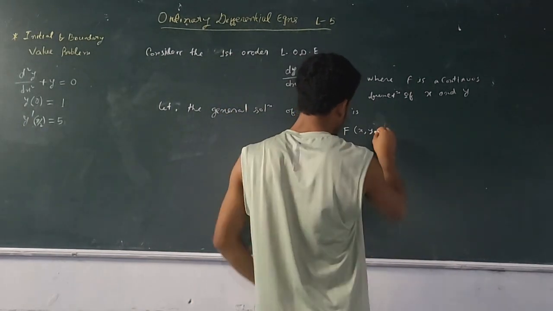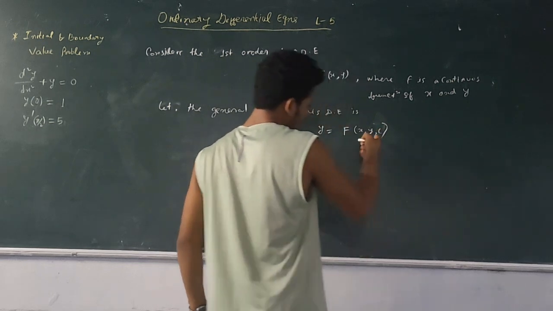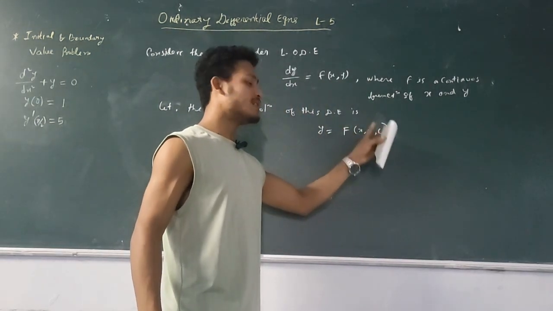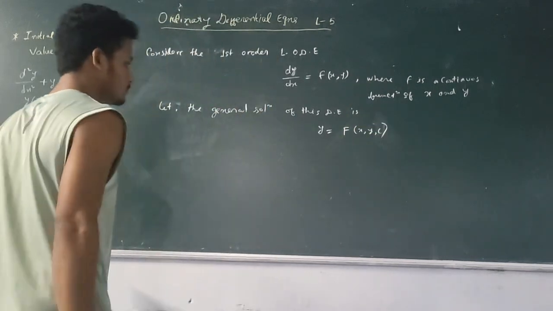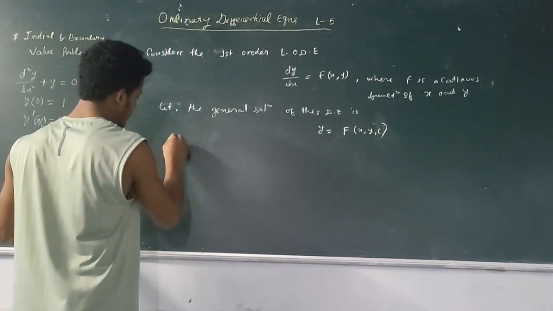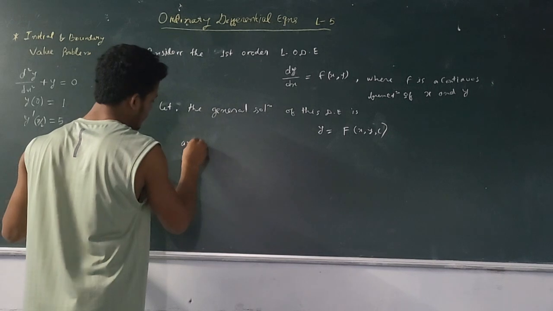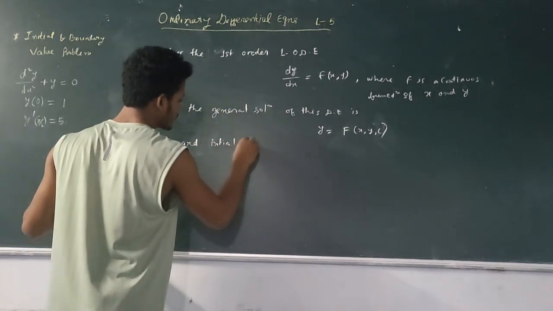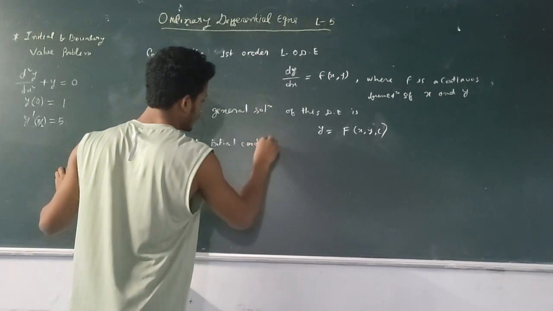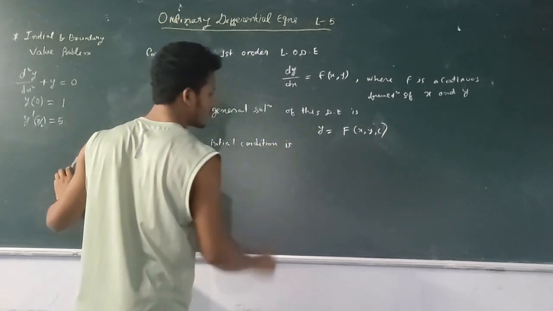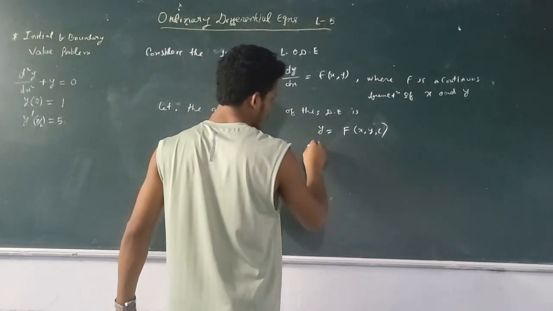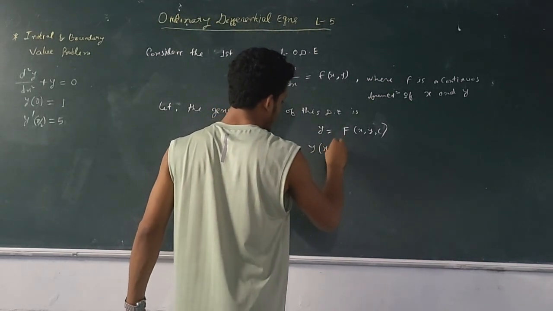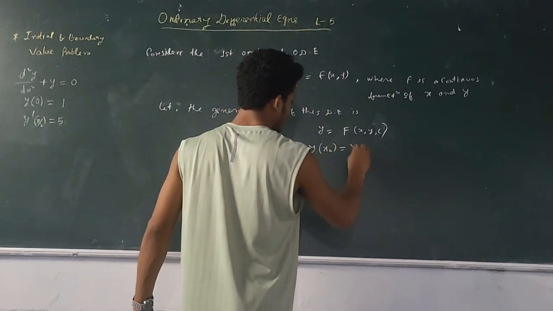And general solution, that means you have an arbitrary constant c also here. Capital F of x, y, c. And let the initial condition be y of x naught is equal to y naught.